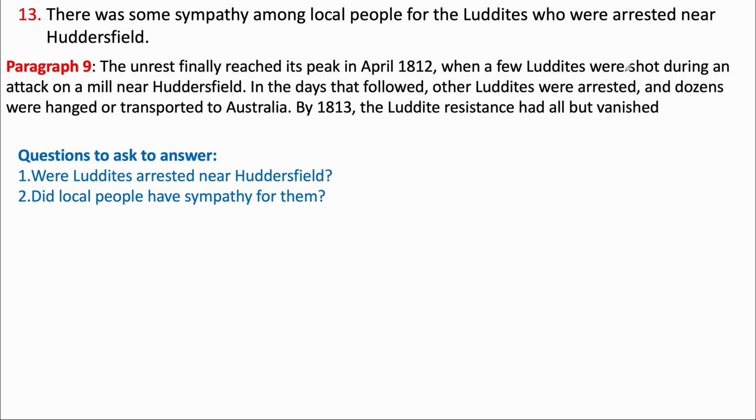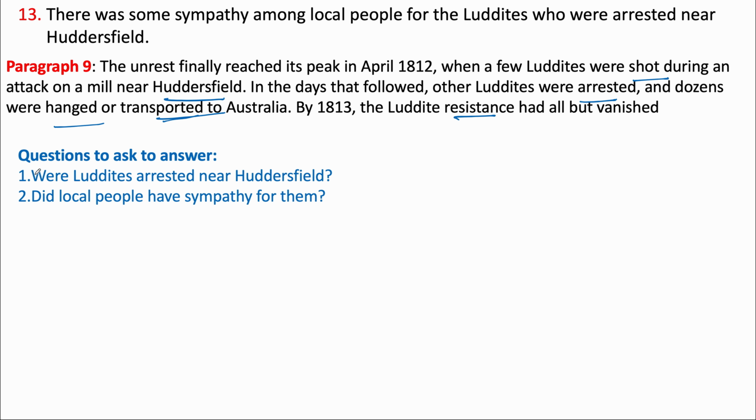It mentions that some Luddites were shot, others were arrested, and some were hanged and transported to Australia. Finally, it mentions that the resistance or the protest ended. There is no mention of what the local people, that is, what the people of Huddersfield, thought about the protest or the Luddites.